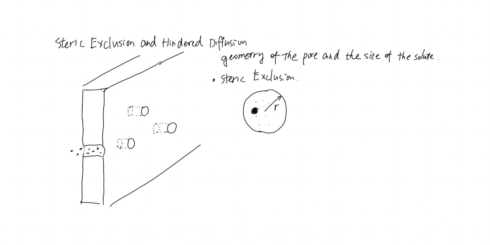So it effectively reduces the cross-sectional area of the pore available for diffusion. What I mean is, if the radius of the pore is r, let's call the radius of the solute a.